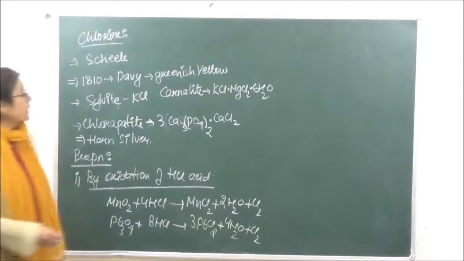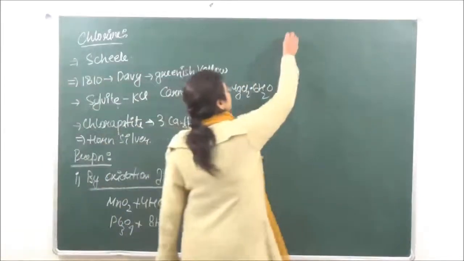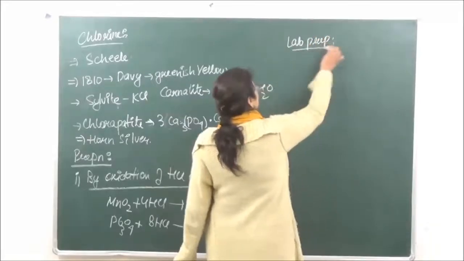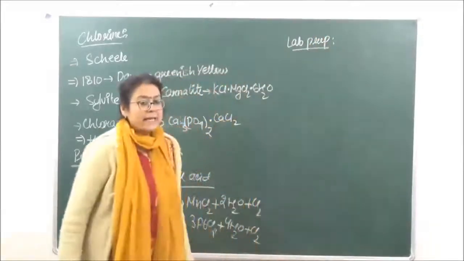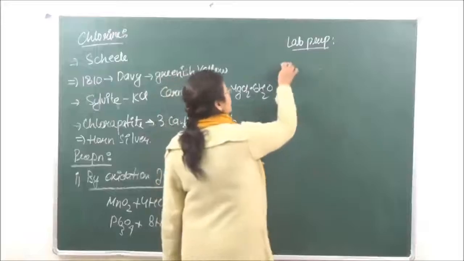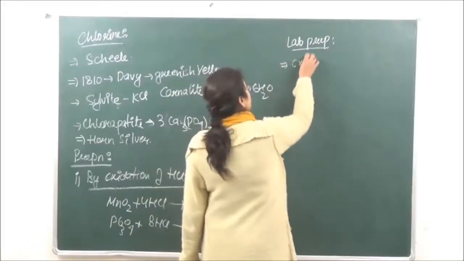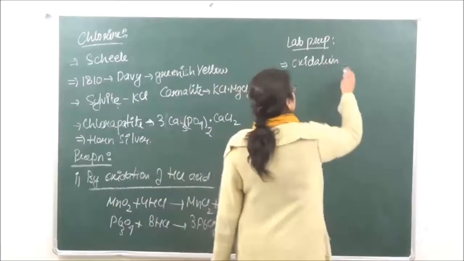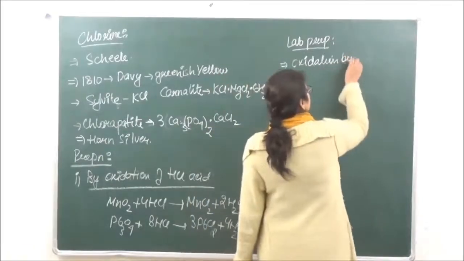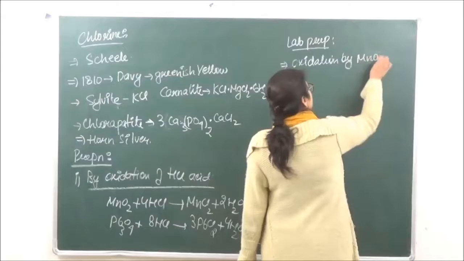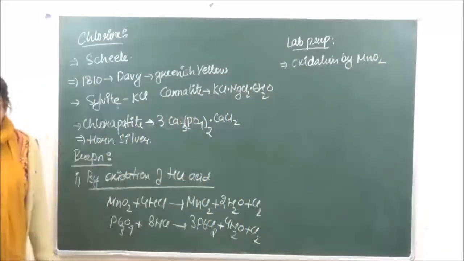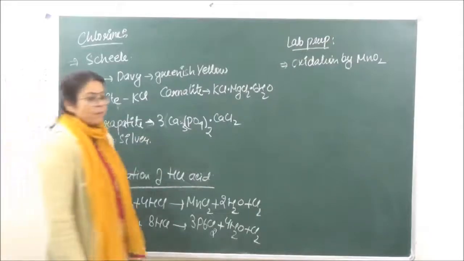But when we are doing the preparation in the laboratory, in that case oxidation of HCl is done by manganese dioxide. So the first reaction which we have done over here is going to be the lab preparation, right?